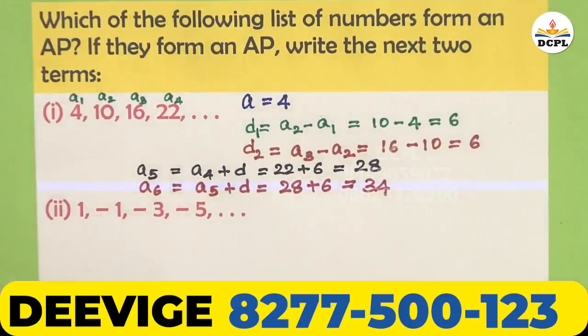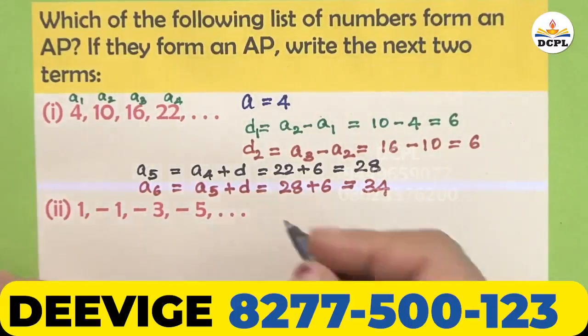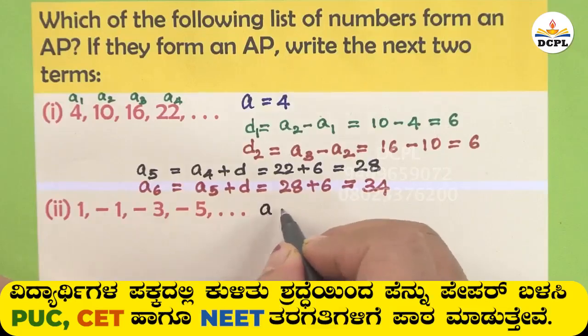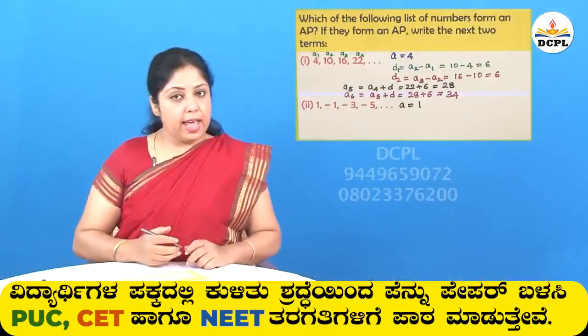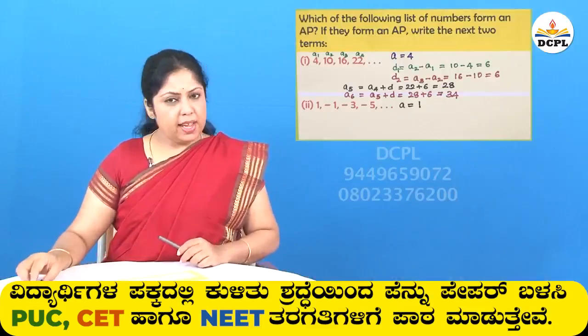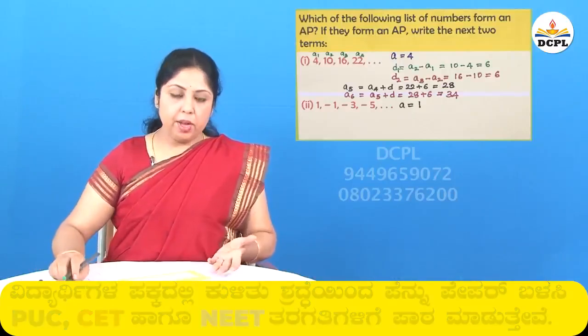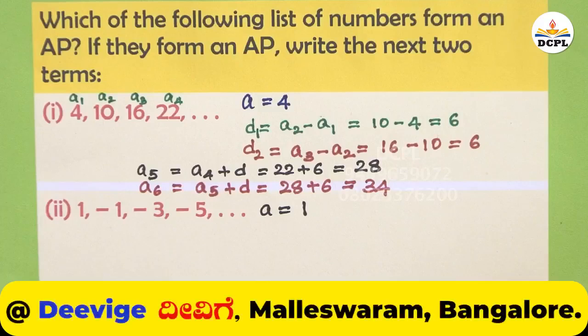The next part of the question says 1, -1, -3 and -5. As usual, let us find the first term. The first term is A equal to 1. I don't think it would be a problem for you to recognize the first term, simply because whichever term is given first in the sequence is taken as the first term.